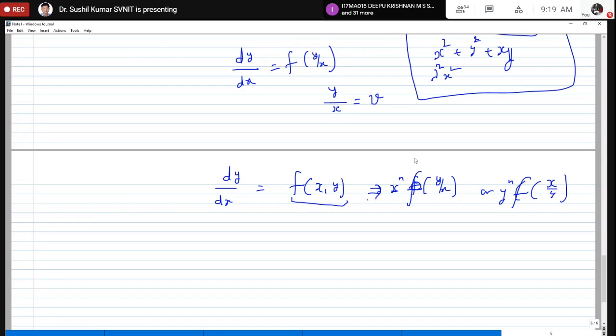Here f of x, y is a homogeneous function. Normally we discuss the solution of this type of equation if f of x, y is a homogeneous function of degree 0. Degree 0 means this part will be absent, so the equation will be in terms of f of y over x or f of x over y. Then you can use the substitution y over x equal to v, or x over y equal to v.